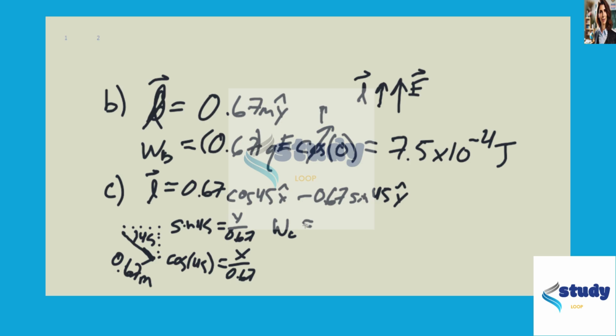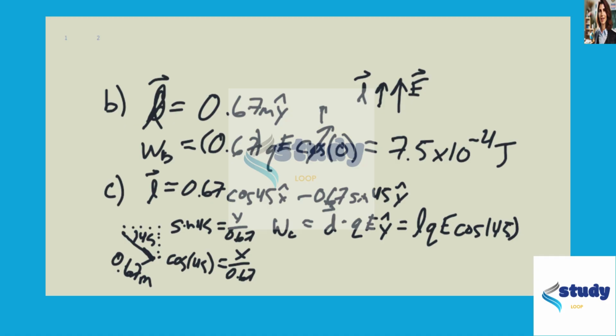So WC, or the work done during this displacement, is L dot QE y hat, which, as you remember, is simply LQE times cosine of the angle, but we have cosine of 45 here.